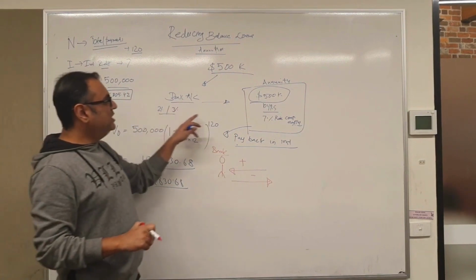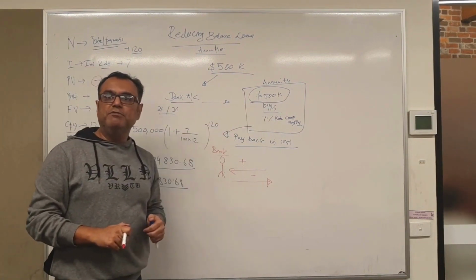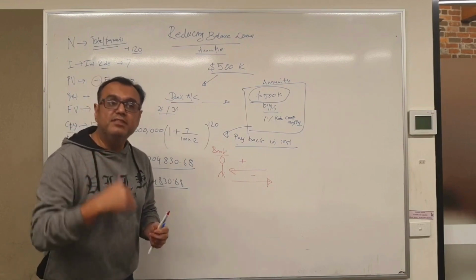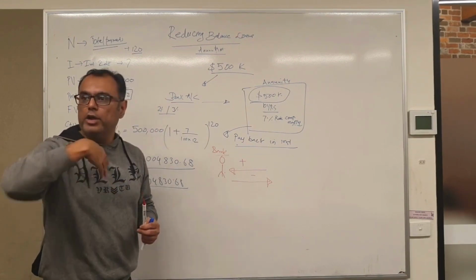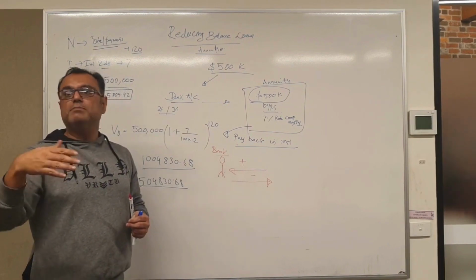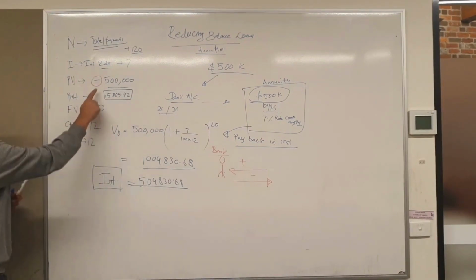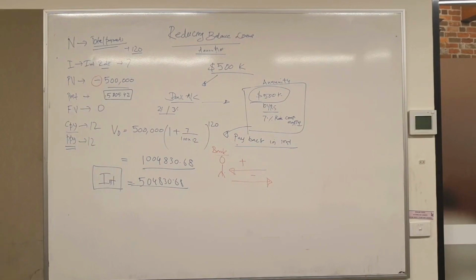When this guy invested 500k as an annuity with the bank, he's given that money to the bank. So what has happened? 500k has gone out of his bank account. That is why it's a negative amount. Make sense? Yeah.